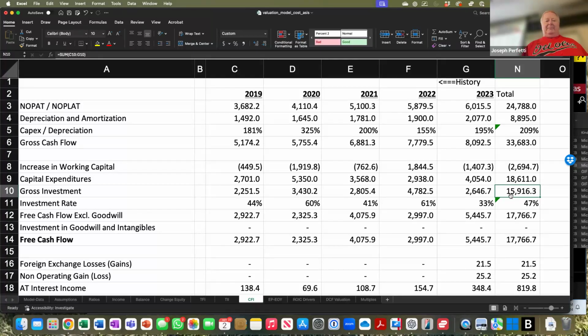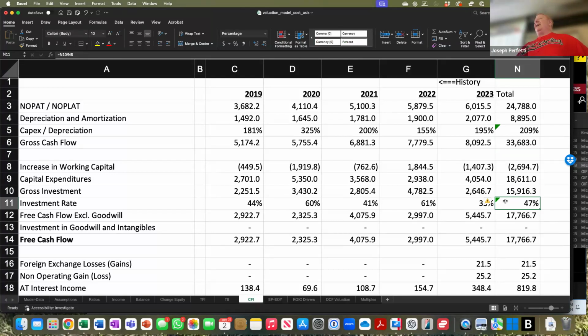That led them to a free cash flow before acquisitions of $17.8 billion. Their reinvestment rate was 47%. If you take the 15.9 and divide by the 33.7, you get 47%. Costco's reinvesting 47% of its gross cash flow back in its business.